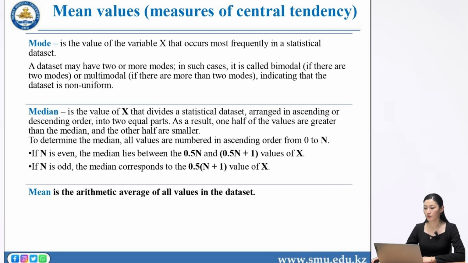If the number of observations n is even, the median is between the 0.5n and 0.5n plus 1 values. If n is odd, the median is the 0.5n plus 1 value. Mean is the arithmetic average of all values in the dataset.